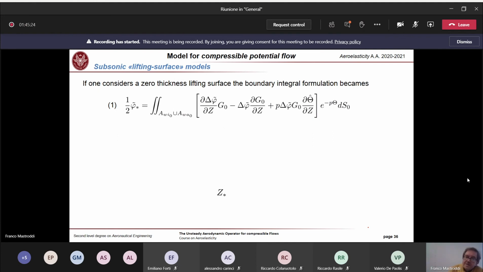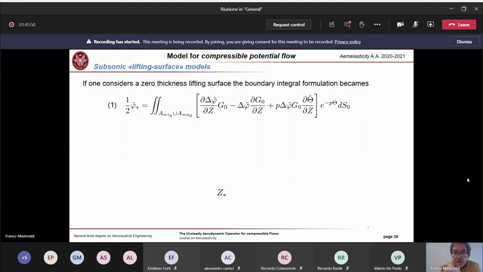This is the very last item for this course. Lifting surface. Question: is it possible to simplify our formulation in the case we have a very thin wing? Yes, it is possible. So we have an equivalent lifting surface for compressible flow.